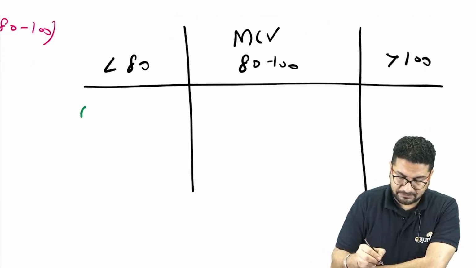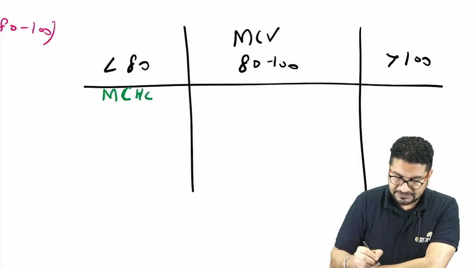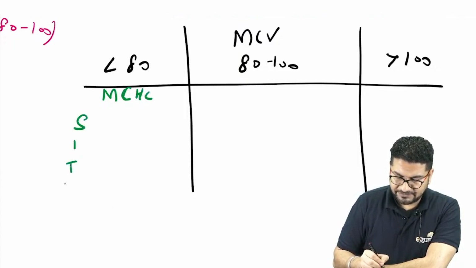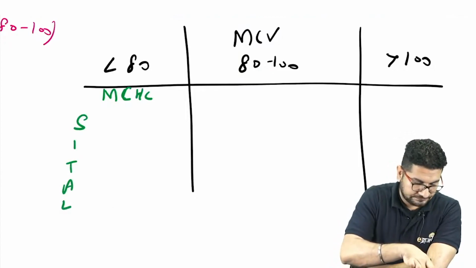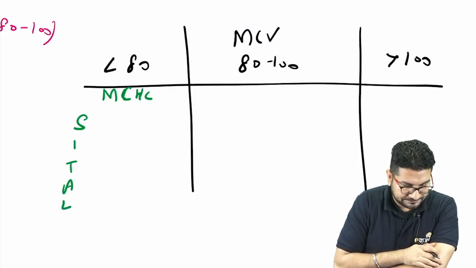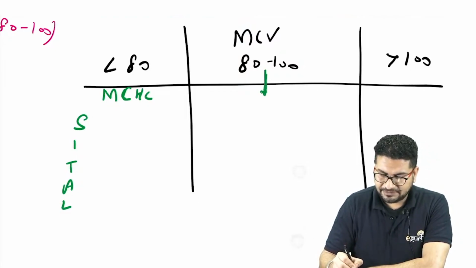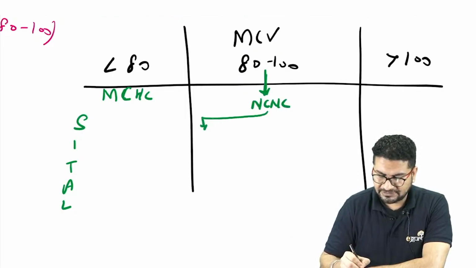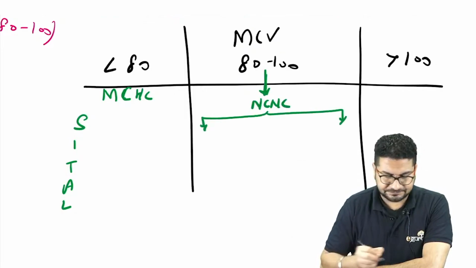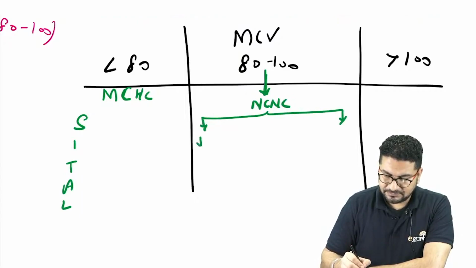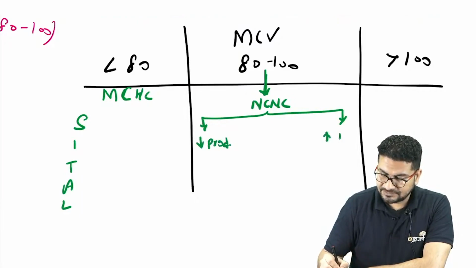This time I am drawing in a fast forward way. If I say MCV 80 to 100, the anemia is normocytic normochromic. In normocytic normochromic anemia, it can be due to decreased production, or it can be due to increased destruction.